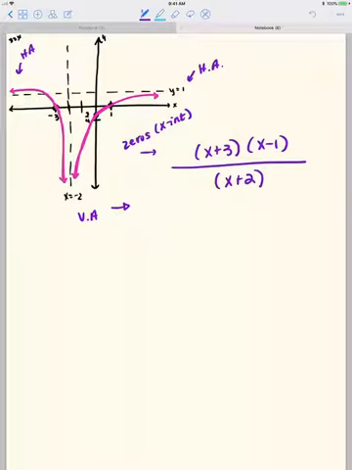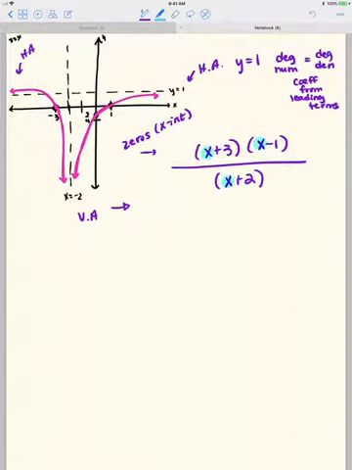Again, going back to the horizontal asymptote, it is at y equals 1. And the fact that it's a non-zero horizontal asymptote means that the degree of the numerator has to be the same as the degree of the denominator, and when you pull off the coefficients from those leading terms, it needs to be 1. Currently, if you look at the powers, you have x squared on the top and a single x on the bottom.